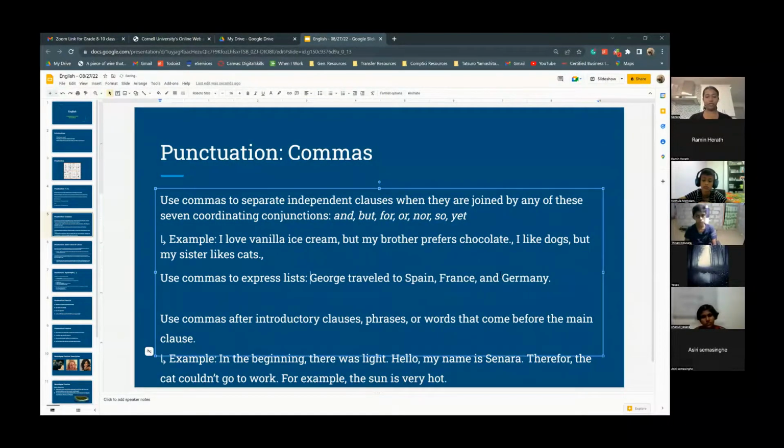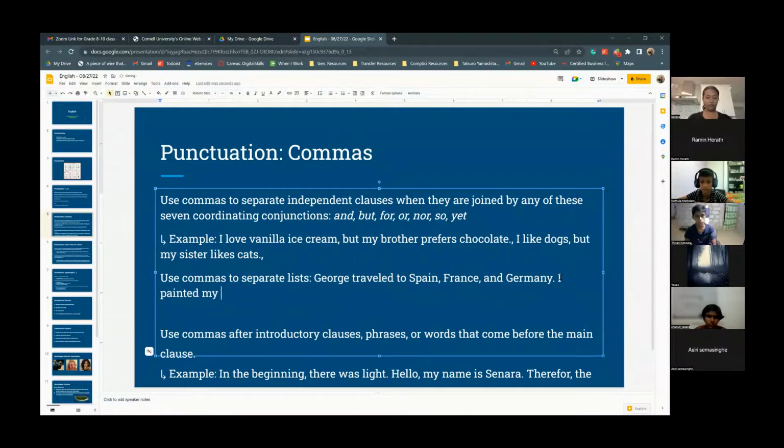Yes, that would be an example of using commas to separate members of a list. So we'll do: I painted my room white, pink, and blue.